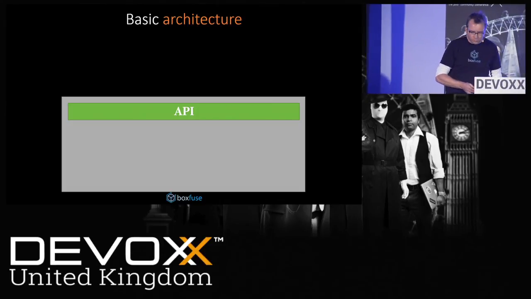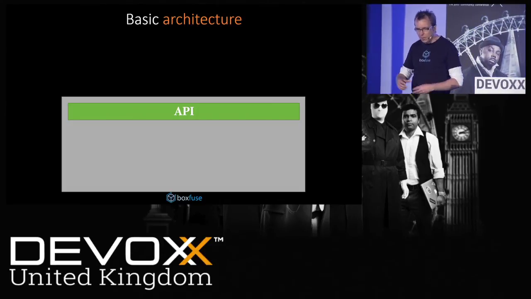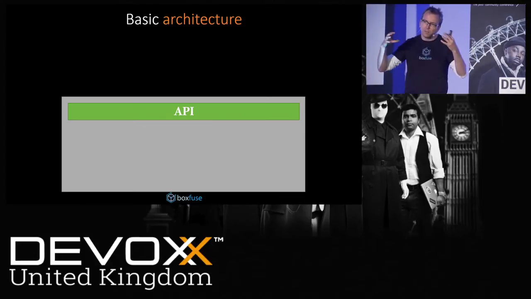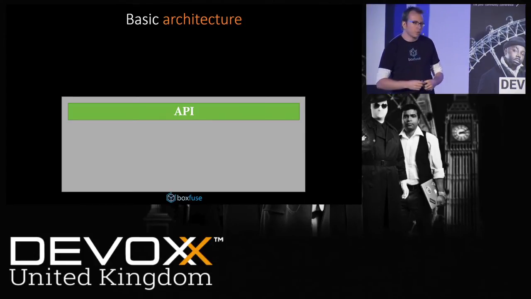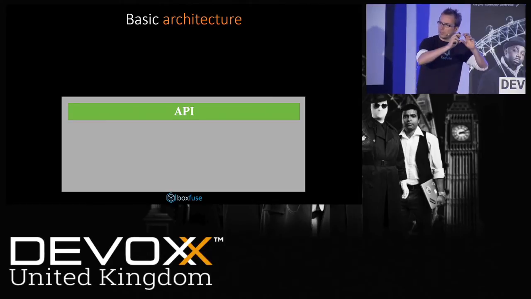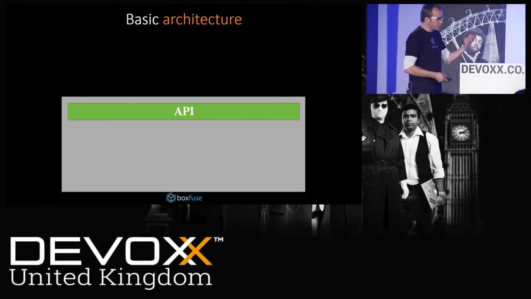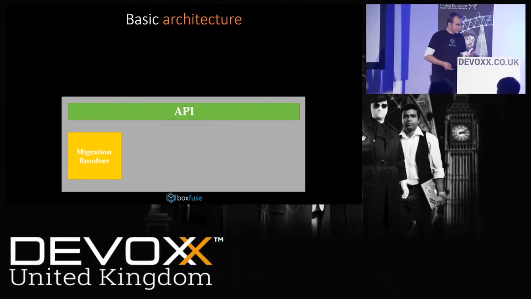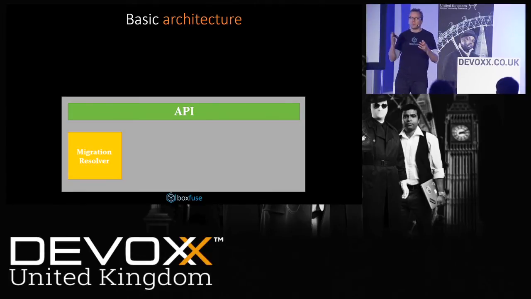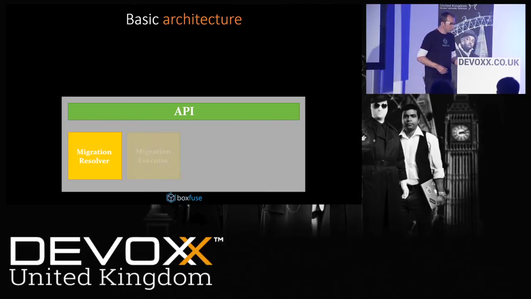For many frameworks, you have very good integrations that work for you as well. So what is the architecture behind the scenes of Flyway? How is it structured? How is it working? As I said, a simple facade type of API where you come in, so that's basically the Flyway class. And behind that, you have a bunch of components that work for you. The first one is the migration resolver that lets you scan the file system and the class path to discover migrations.